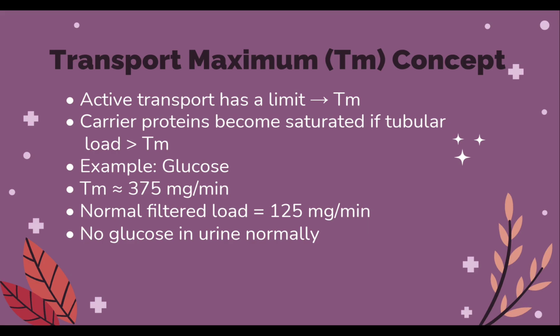If the transport maximum is not exceeded, there is no glucose in the urine, as in a normal person. But in diabetes mellitus, glucose levels are increased and the transport maximum is exceeded. So there is glucose in the urine.